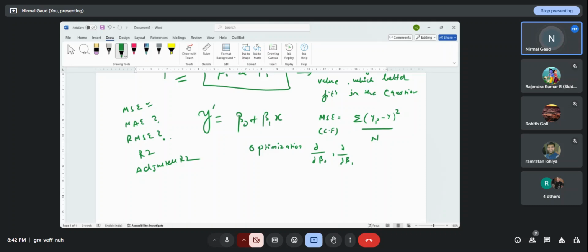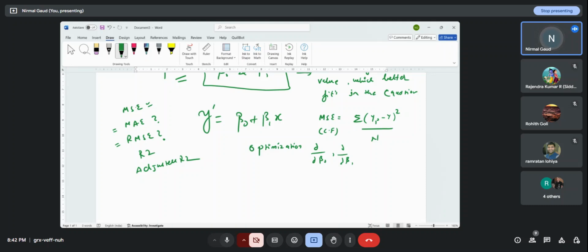In case the value of MSE is very high, then you can calculate the root of it. If it still looks high, then you can go ahead with MAE, the absolute error. Because if the errors are large, their squares will be even larger.